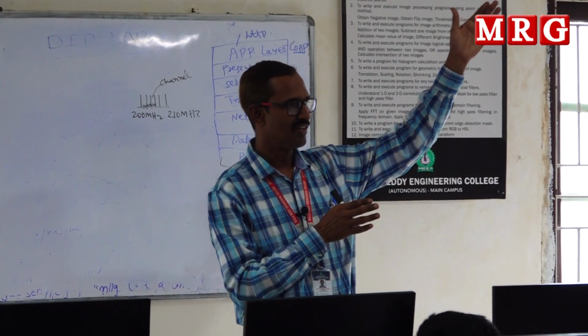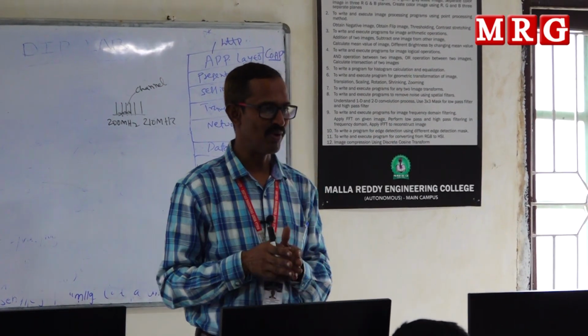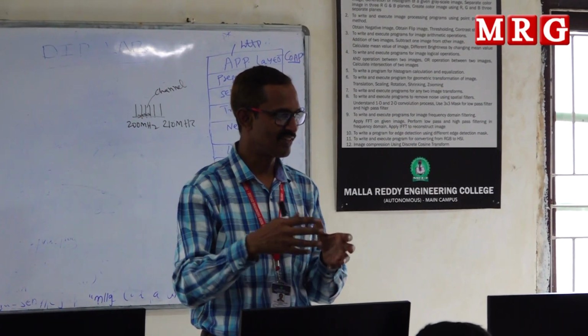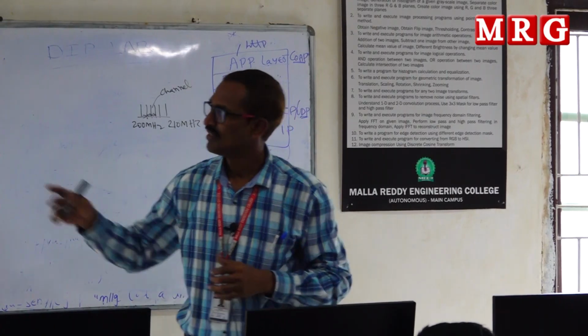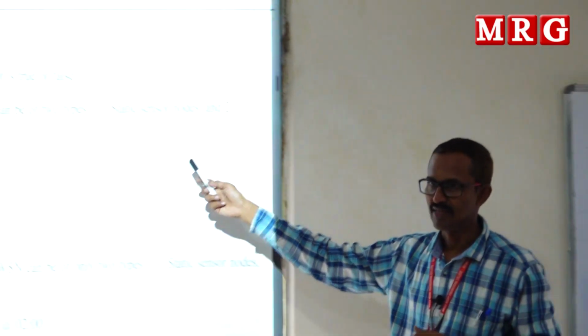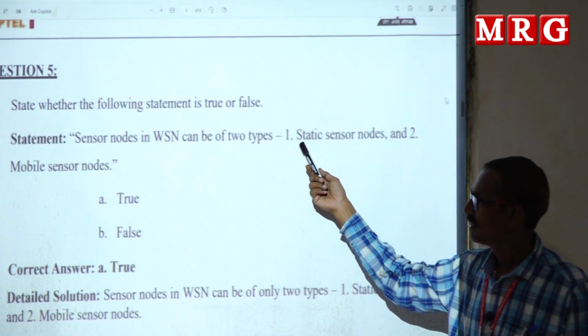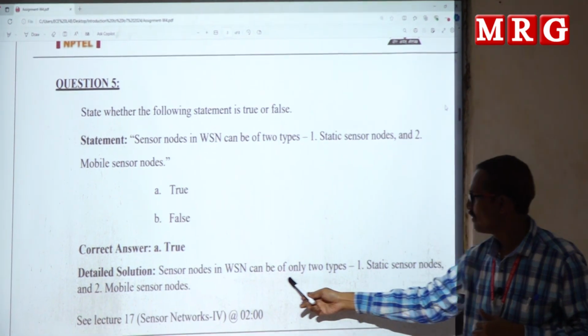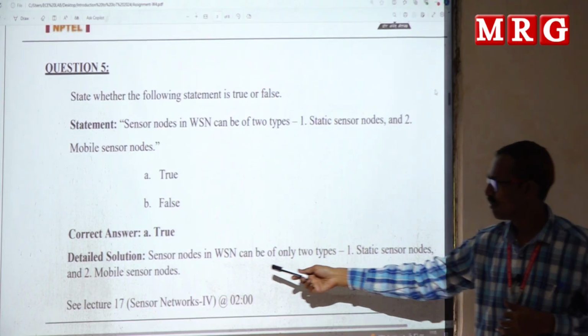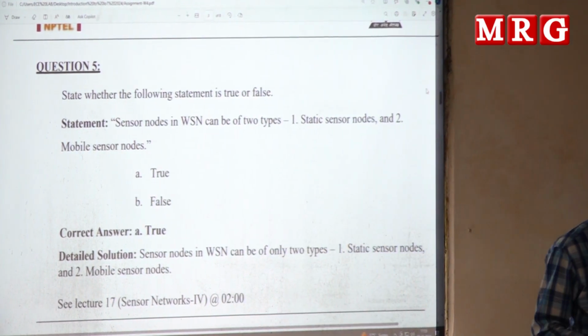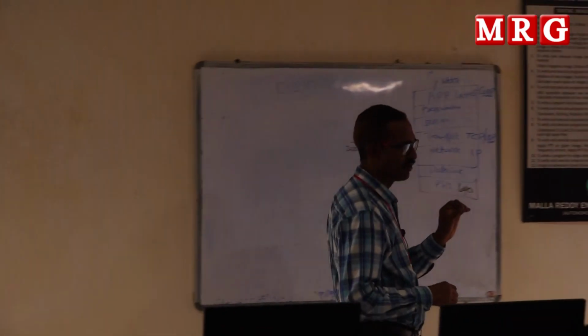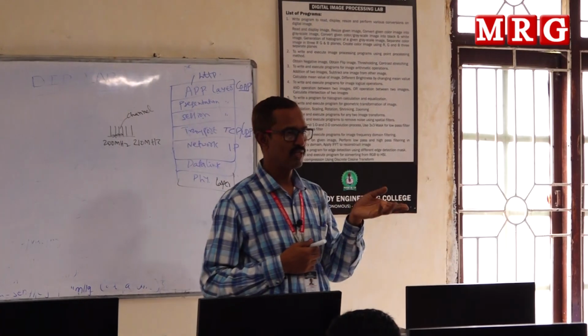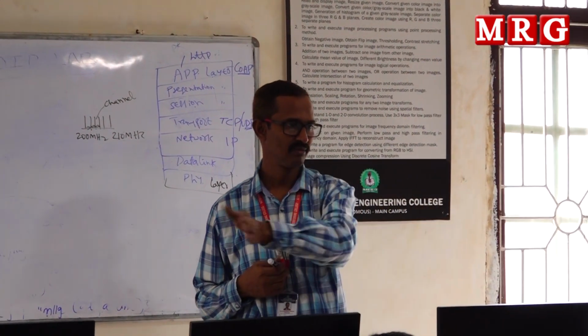Today morning it is in the city, Hyderabad somewhere, now it is in Bahadurpalli, some other time some other place. Sensors that are moving are called the second category, mobile sensor nodes. So sensor nodes can be of only two types, static and mobile. It is true.